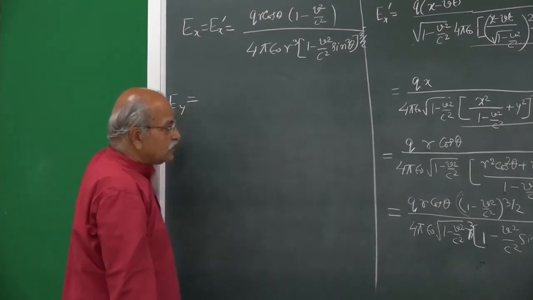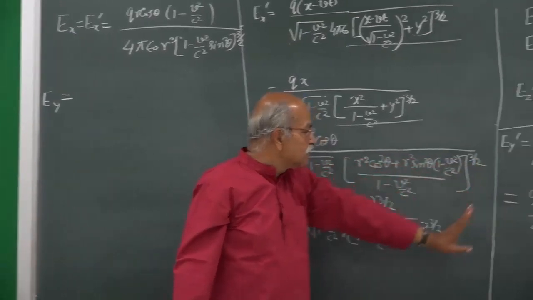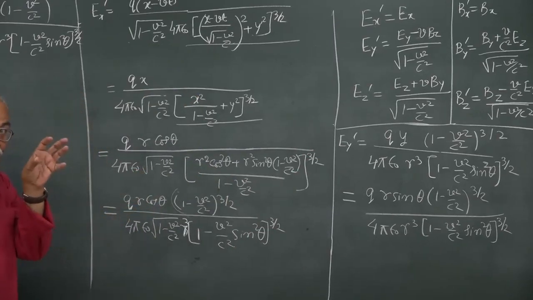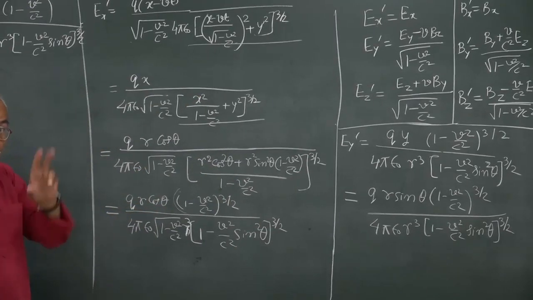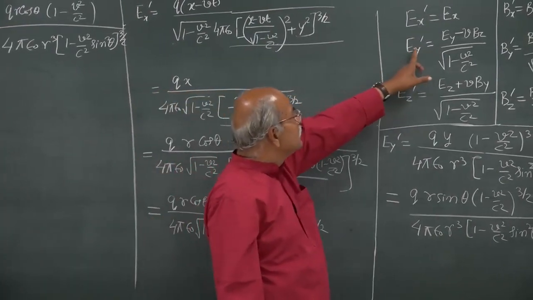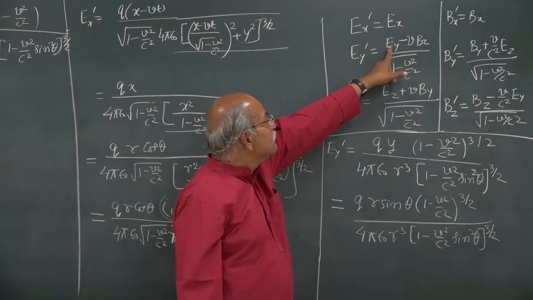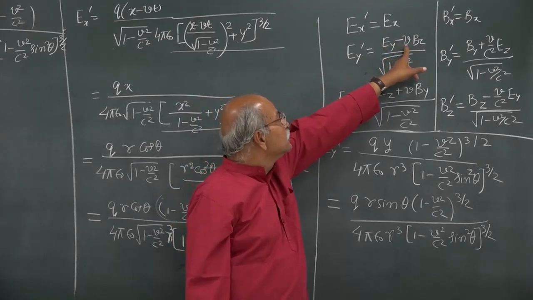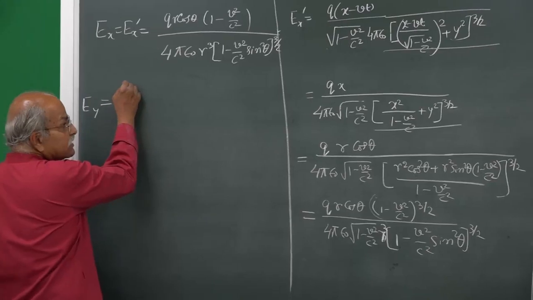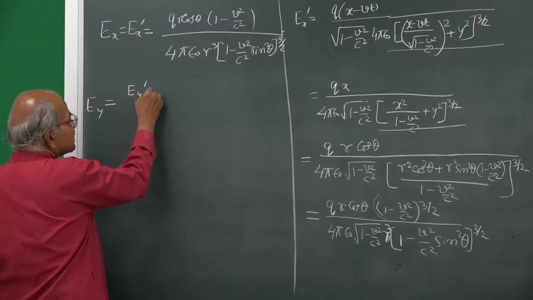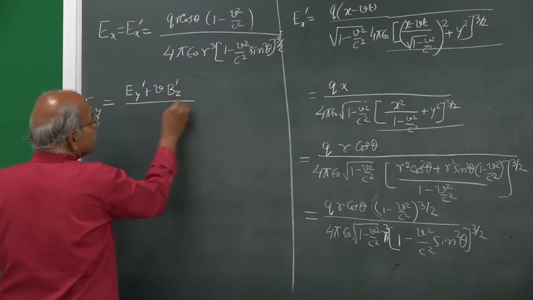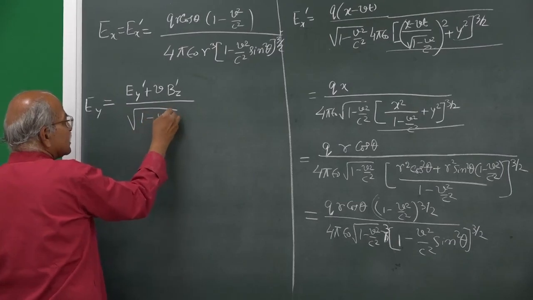Ey is equal to, here is Ey prime, and remember B is 0, B prime is 0, because in the S prime frame the particle is at rest. So, Bx, By, Bz primes are all 0. So, for Ey the equation will be Ey equal to Ey prime plus V Bz prime, divided by square root of 1 minus V square by C square.